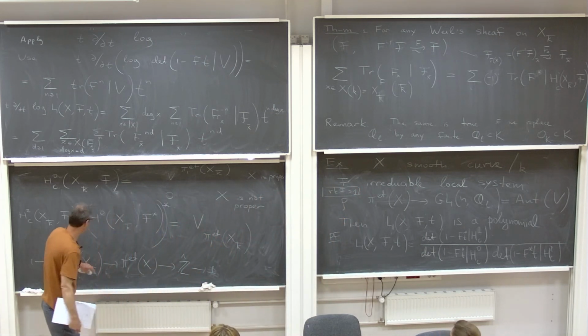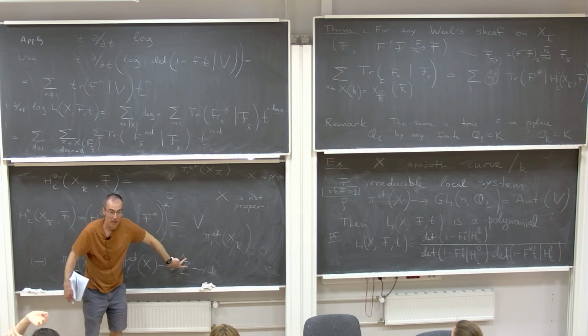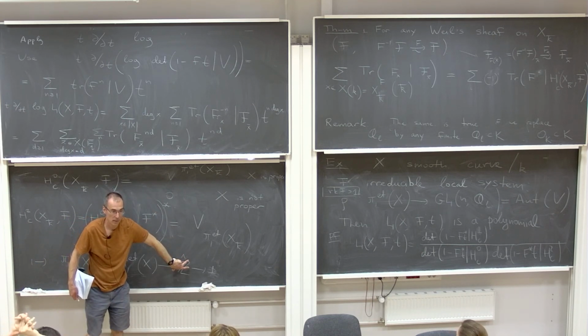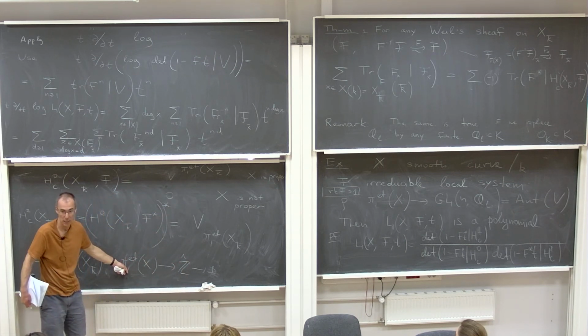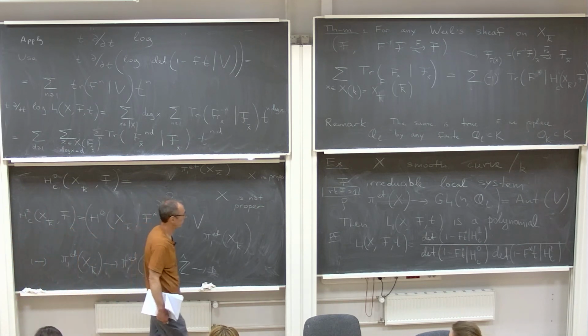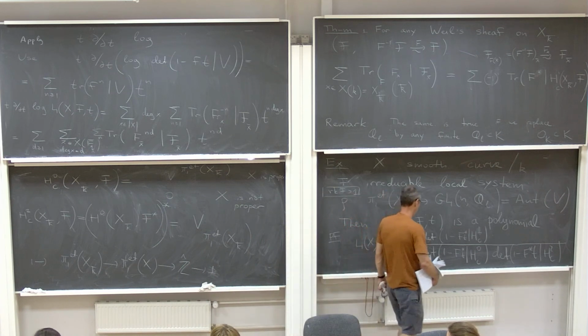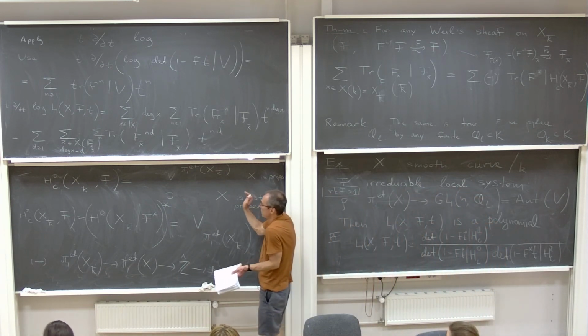So why is it true? Because if you take the invariants, then on the invariants you have an action of Z hat. It's stable under Z hat. So that means that the invariants would be a subrepresentation.